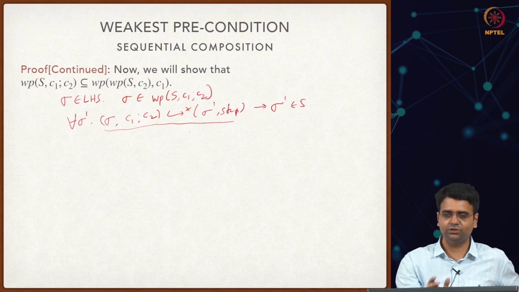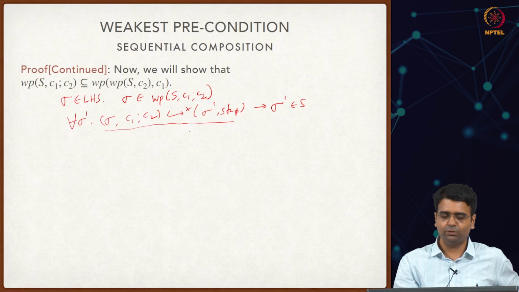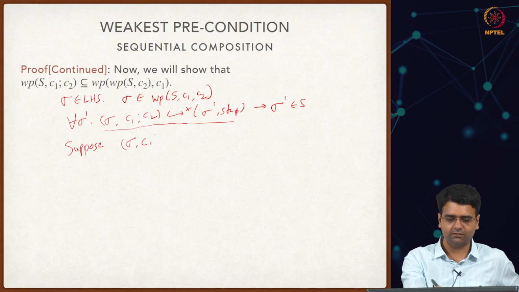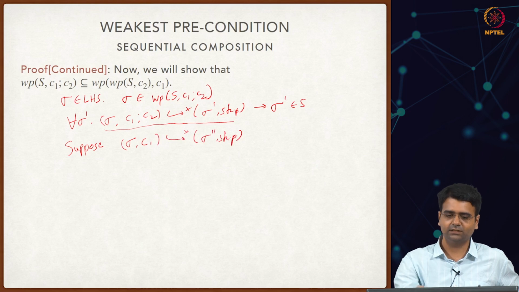Let us consider the execution of C1 first. Suppose on executing C1, I reach some state, let us call it sigma double prime.